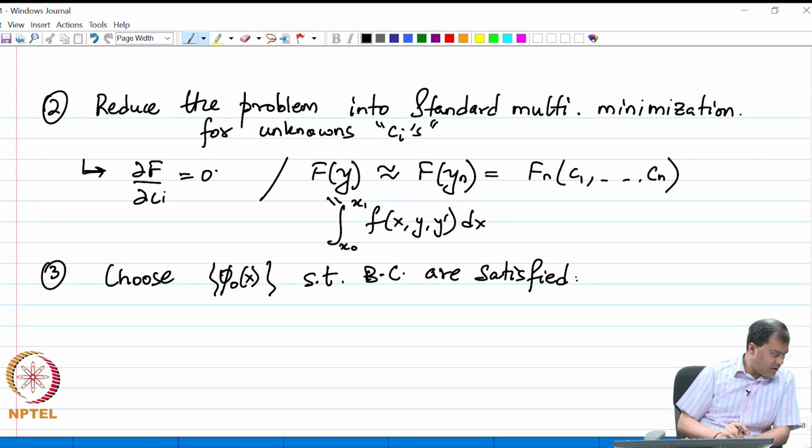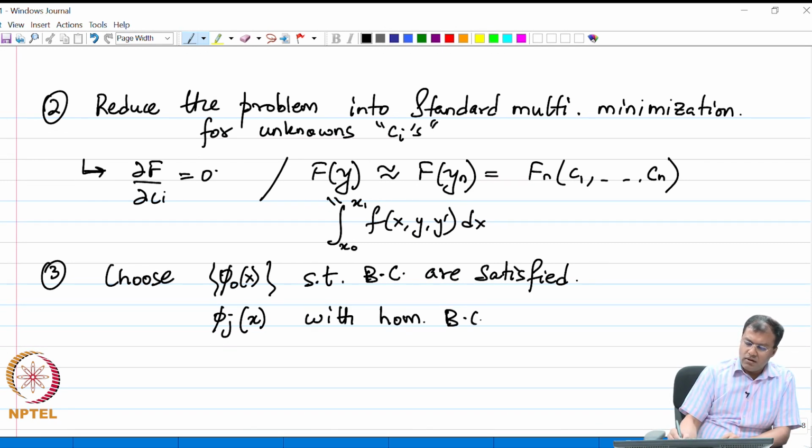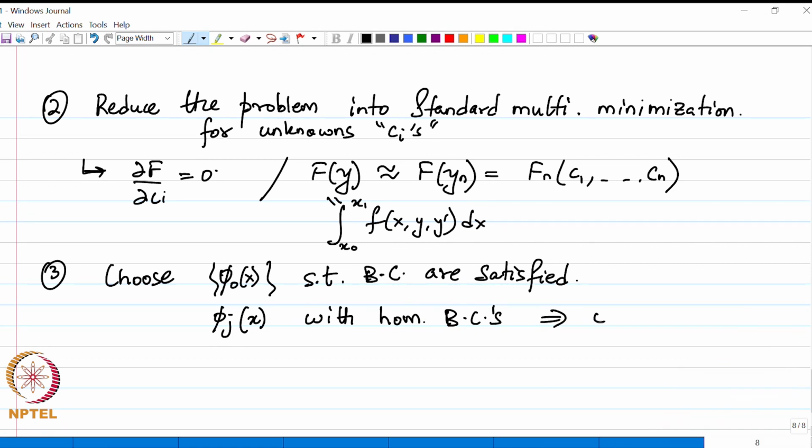Further, we choose phi j's of x with homogeneous boundary conditions, which means phi j of x naught is phi j of x 1 is equal to 0, where j is from 1 to n.